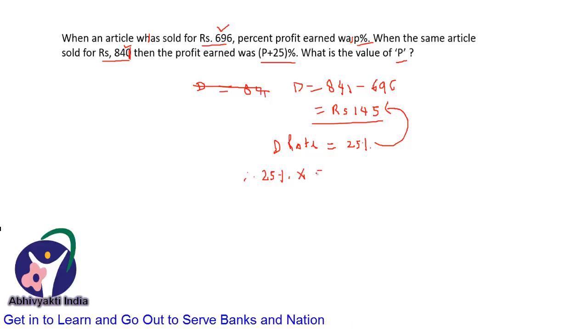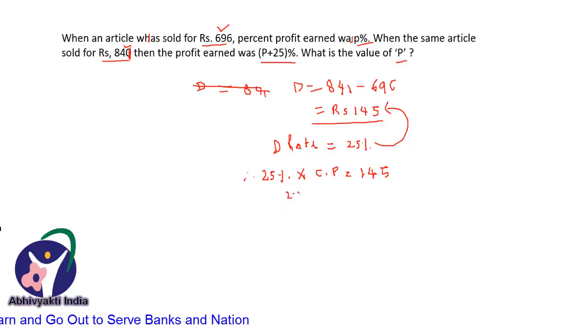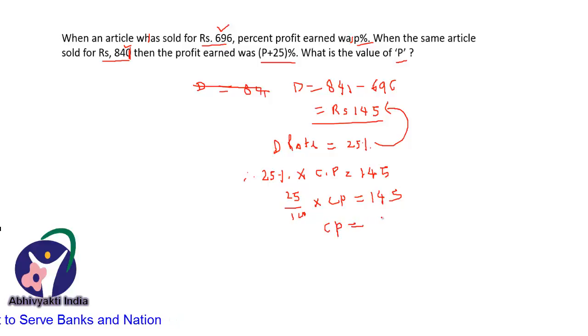Therefore 25 by 100 into cost price is equal to 145, and therefore the cost price will be equal to rupees 580.